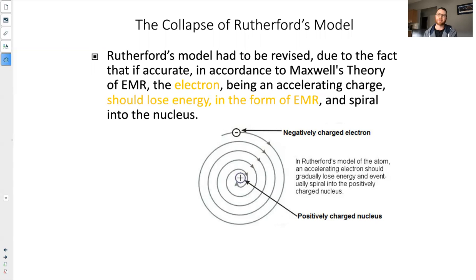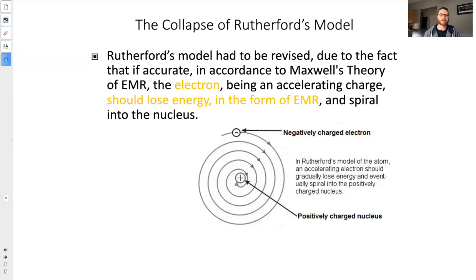Rutherford's model was short-lived because if this were true for atomic structure, in accordance with Maxwell's theory of electromagnetic radiation, the electron orbiting the positively charged nucleus is accelerating. It's constantly changing its direction. Acceleration is a vector quantity.